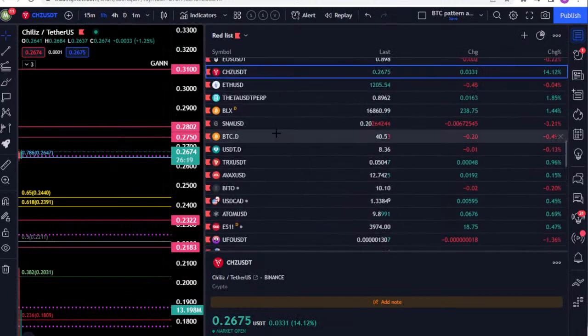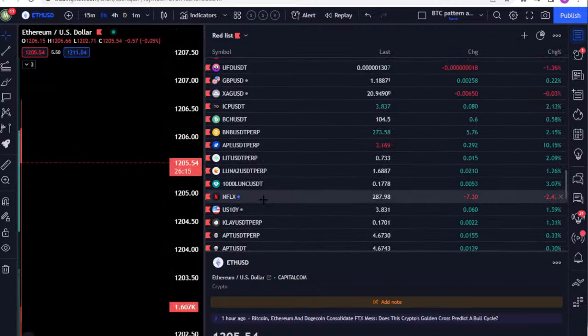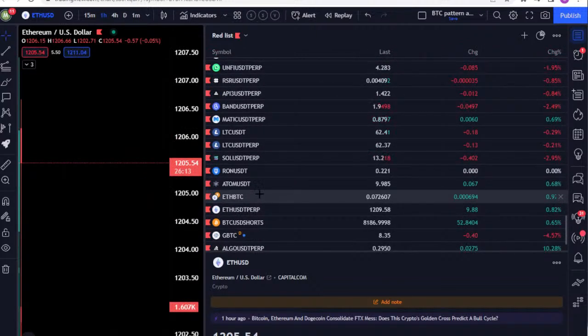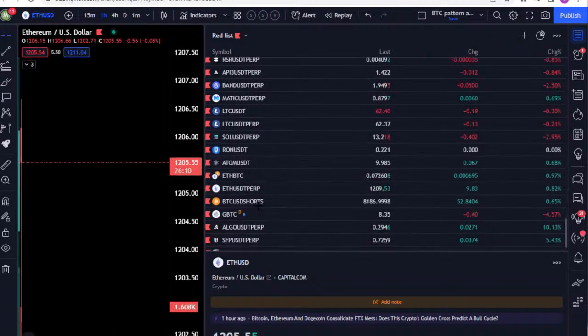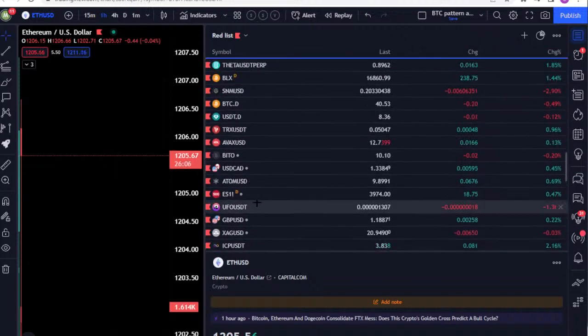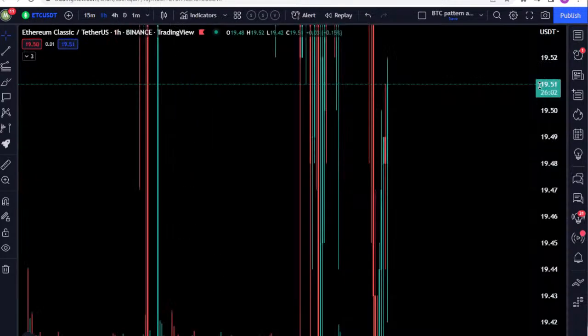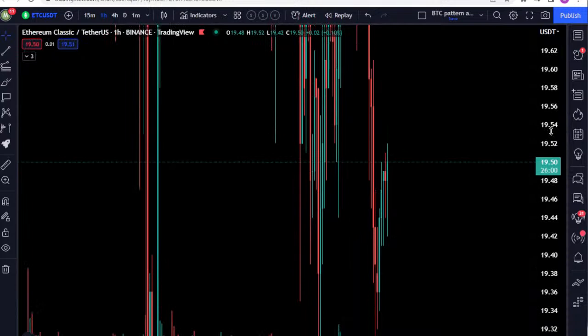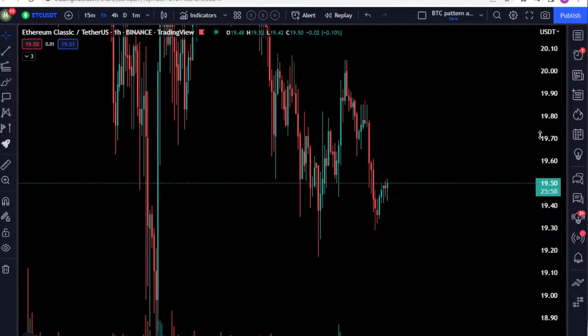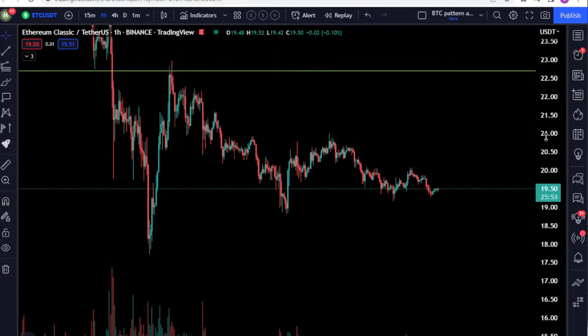Ethereum Classic. Where's Ethereum Classic? There you go. Ethereum Classic looks like it's trying to recover to the upside, but it's still looking bearish.